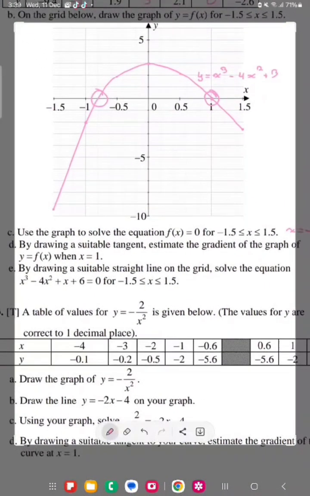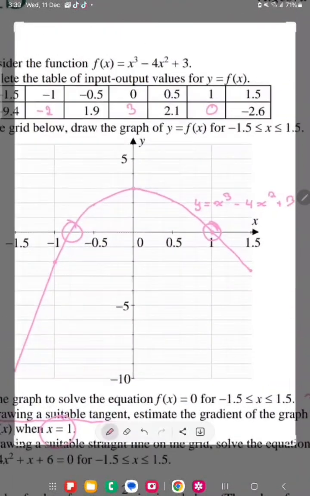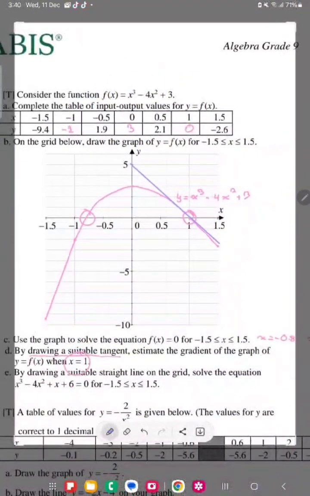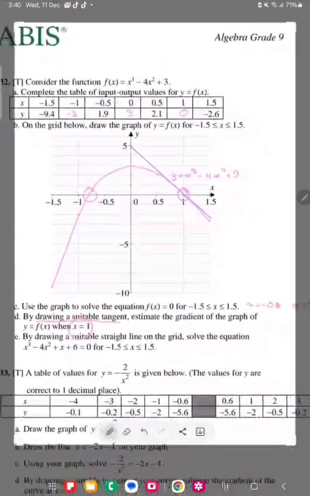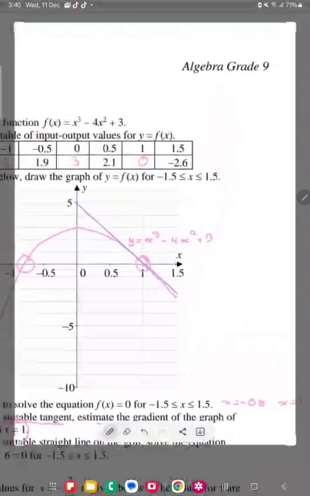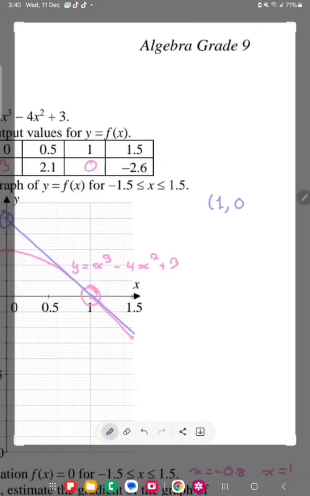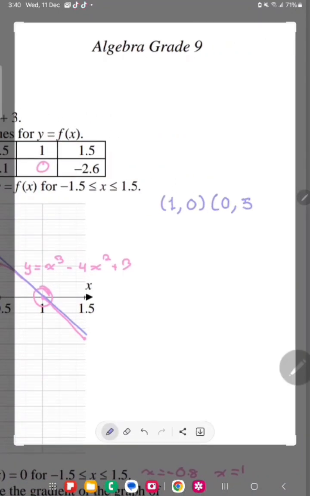Okay, first of all, split this into 2 parts. Draw the tangent when x is equal to 1. Again, do this as accurately as you can, with a ruler it would be better. So this is your tangent, and the next part is estimating the gradient. Gradient, as I said, is the slope. So take 2 points on the slope. The best and easiest points, the most accurate ones, are 1 and 0 and 0 and 5.